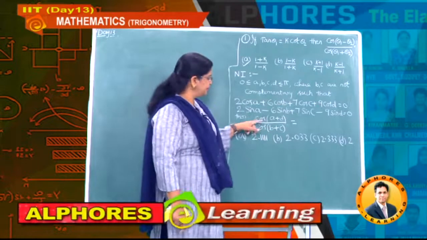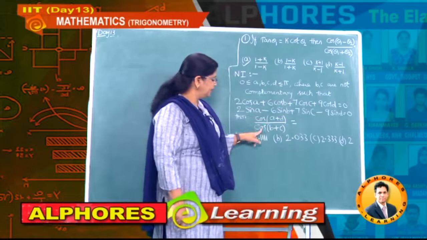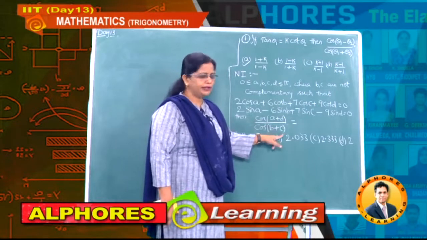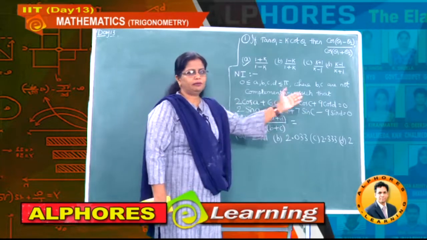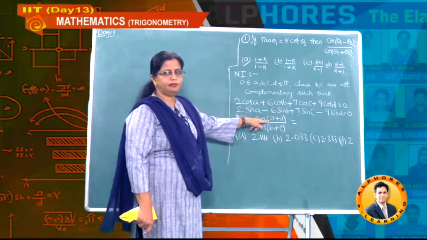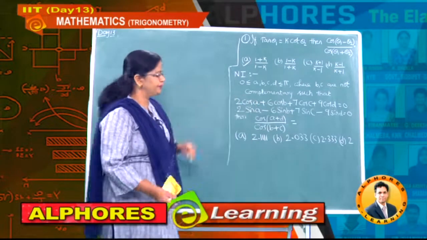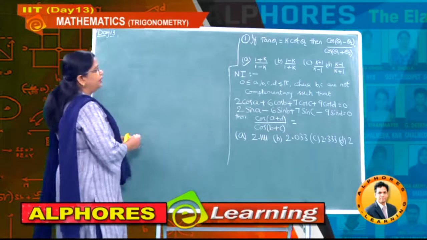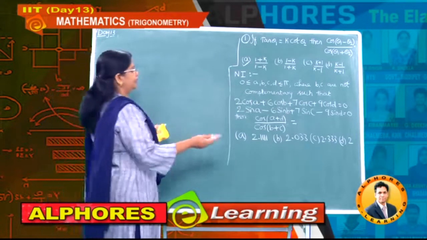Suppose the same question were asked as cos of A plus C divided by cos of B plus D, then we would have the AC terms on one side and the BD terms on the other. So observe the given problem carefully so that we can start our moves. Now I am writing the AD terms on one side and the BC terms on the other side.